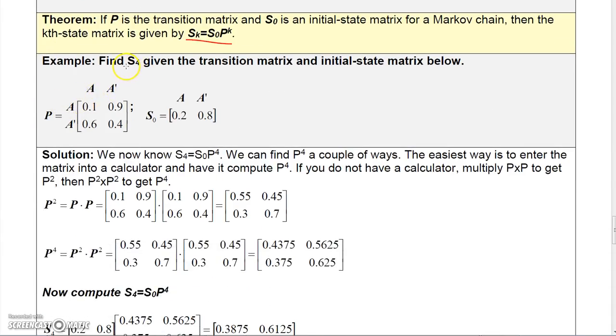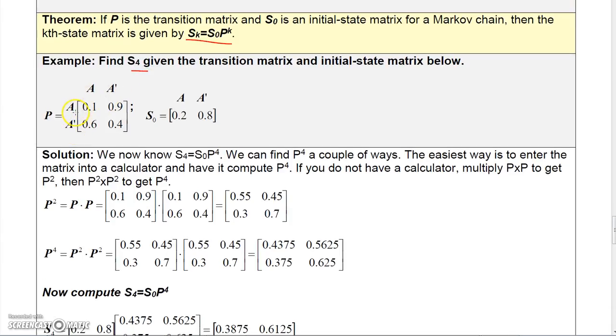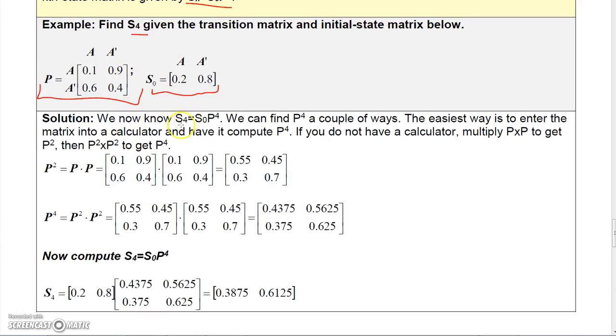So if I wanted to know the 4th state matrix here, let's say we wanted to go back to one of our examples. Let's say that our transition matrix is 0.1, 0.9, 0.6, 0.4, and our initial state matrix is 0.2, 0.8. So if I wanted to find S4, I would need to do S0 times P to the fourth.